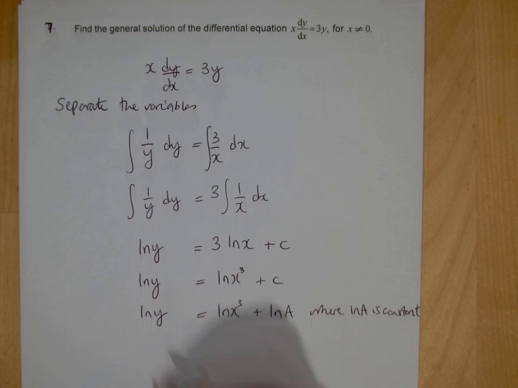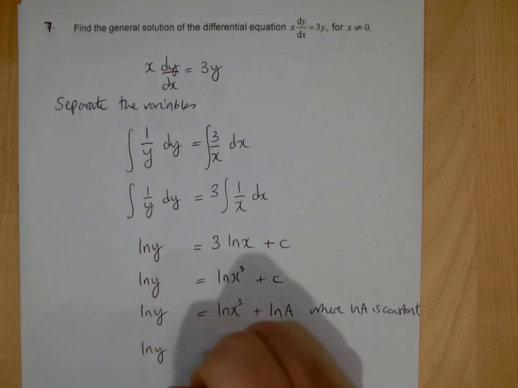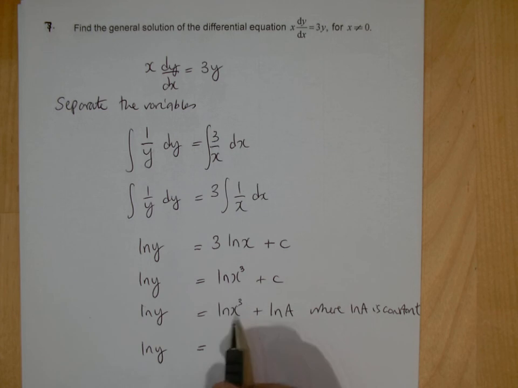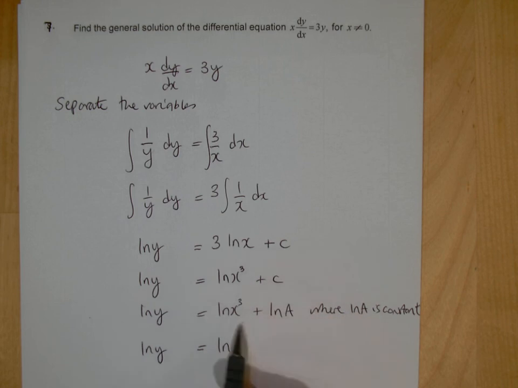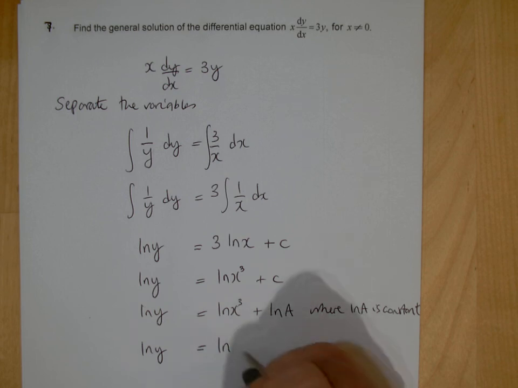Now the next thing I could do is apply the first rule of logarithms, which we learnt last year. When you're adding 2 logarithms together, you can stick them together, make them one logarithm by multiplying those terms. So this will be x cubed times a. That was the first rule of logarithms we learnt. So x cubed times a can be written as ax cubed.